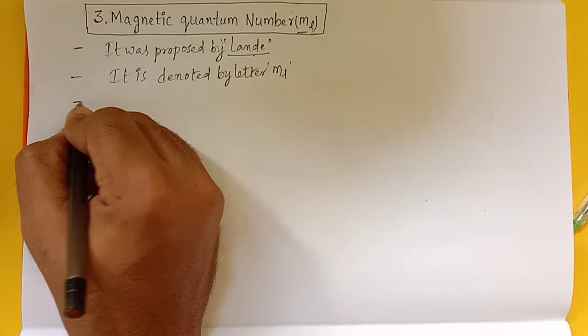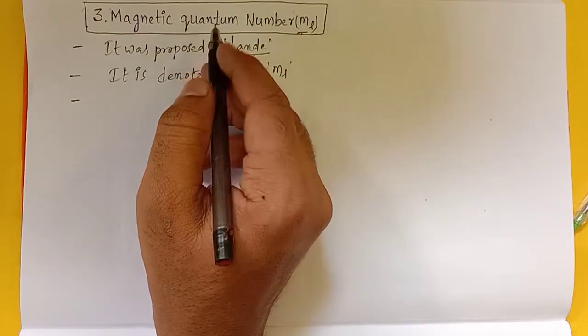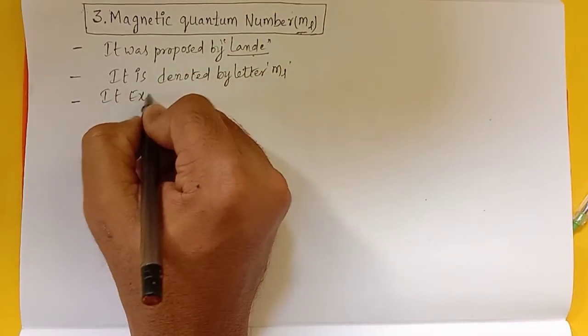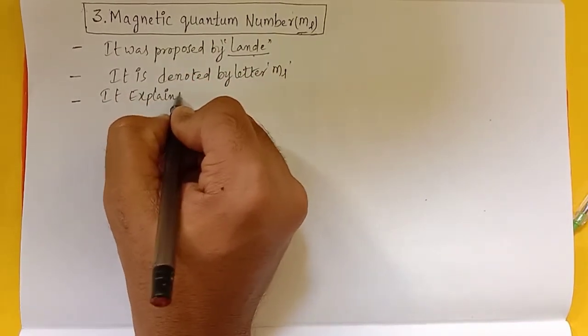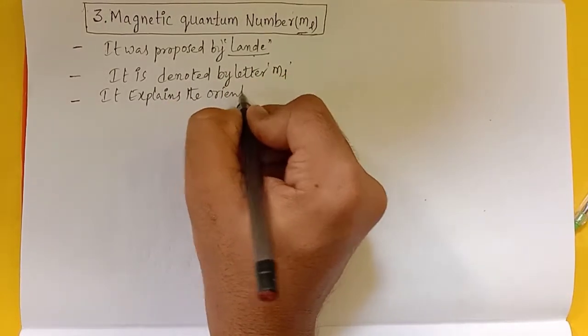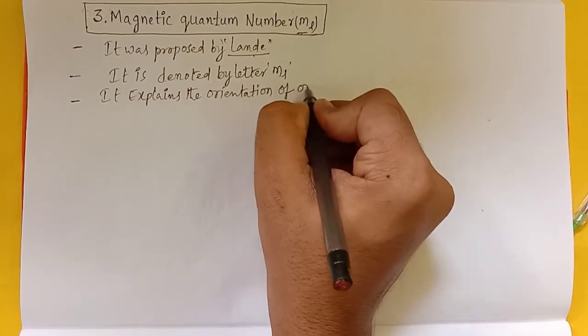And what does it explain? This quantum number explains the orientation of orbitals.